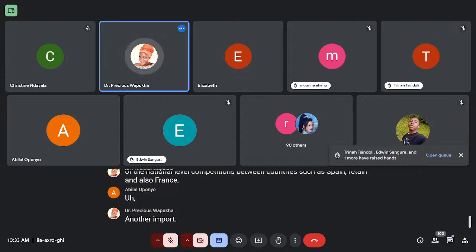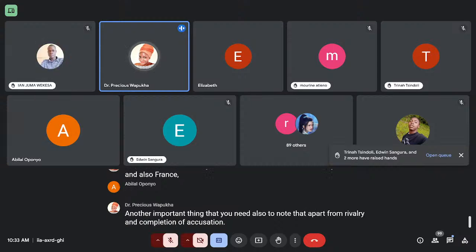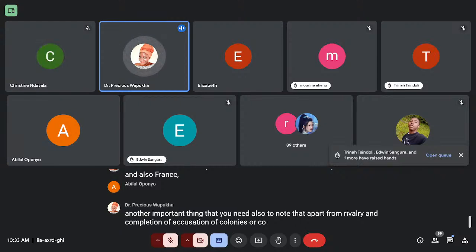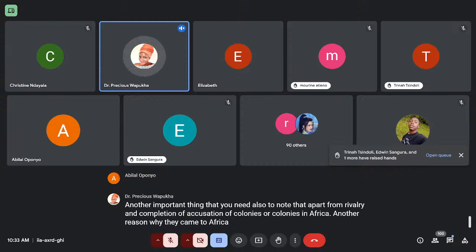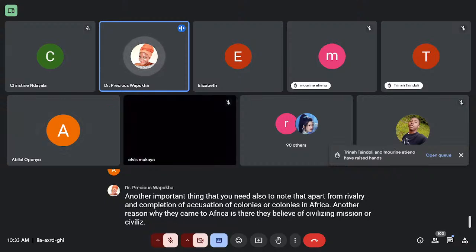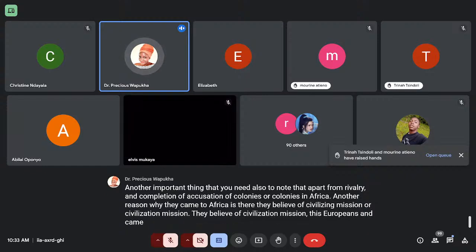Another important thing you need to note is that, apart from rivalry and competition over acquisition of colonies in Africa, another reason why they came to Africa is the belief in a civilizing mission. These Europeans came to Africa believing that they had a burden.